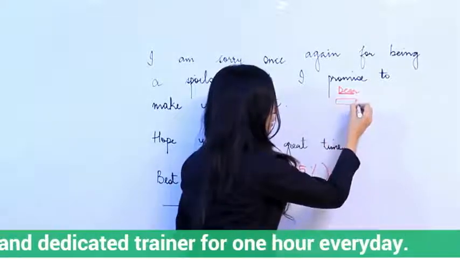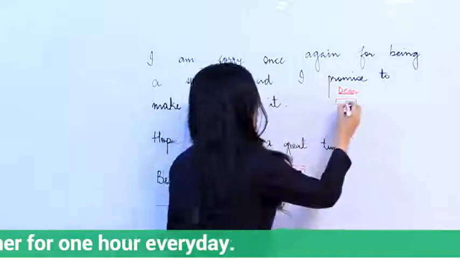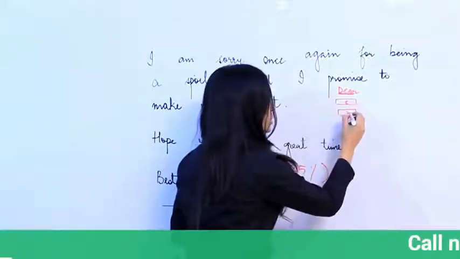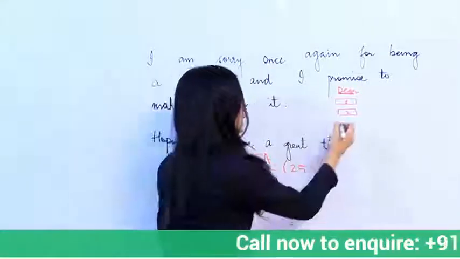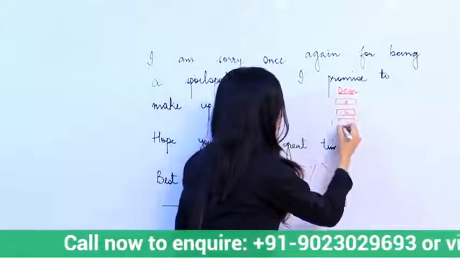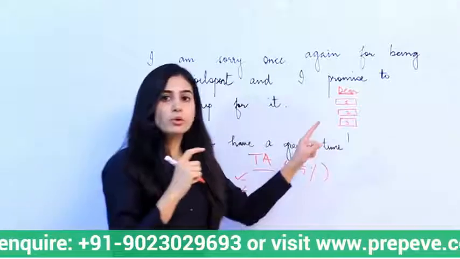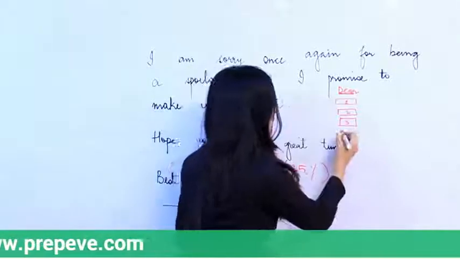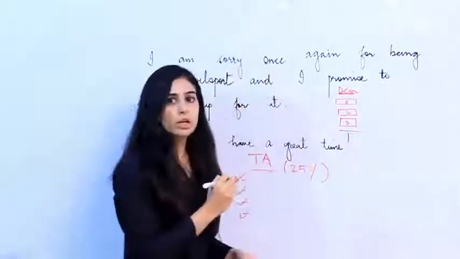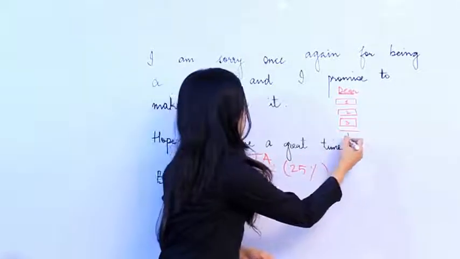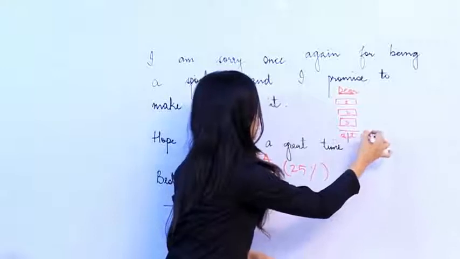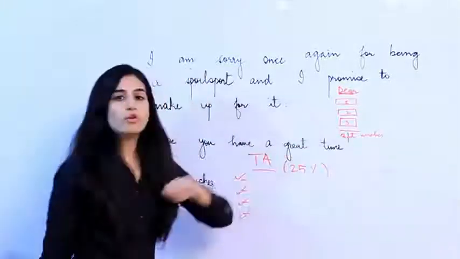Then comes your second paragraph, which is your second bullet point. And then you start your third paragraph, which is catering to your third bullet point. This is how you structure your letter, and in the end you conclude your letter by ending it with the best wishes part when it comes to your informal letter.